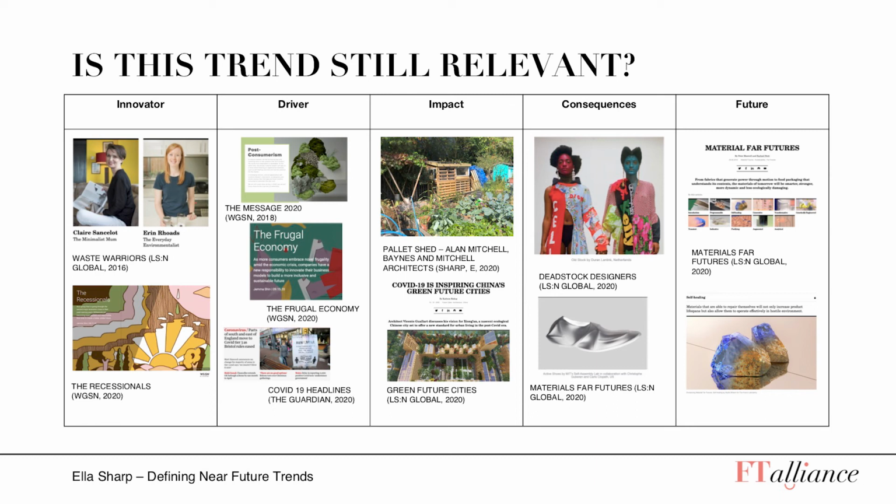And here you can see a WGSN report from 2018 called The Message. It says The Message 2020, and it's telling us all the things that we should be thinking about. It's called The Message 2020, Fix the Future. And that's the important thing.